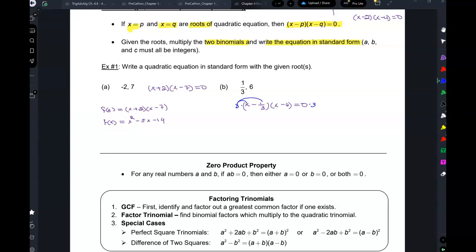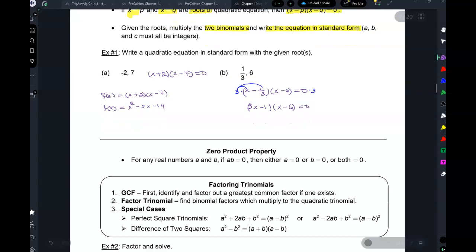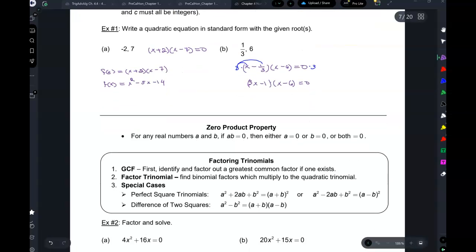That means you're multiplying it by 3 times 3, 9. So you only distribute it to 1. So you get 3x minus 1 times x minus 6 is equal to 0. So now let's see, we get 3x squared minus 18x minus x plus 6 equals 0. 3x squared minus 19x plus 6 equals 0.